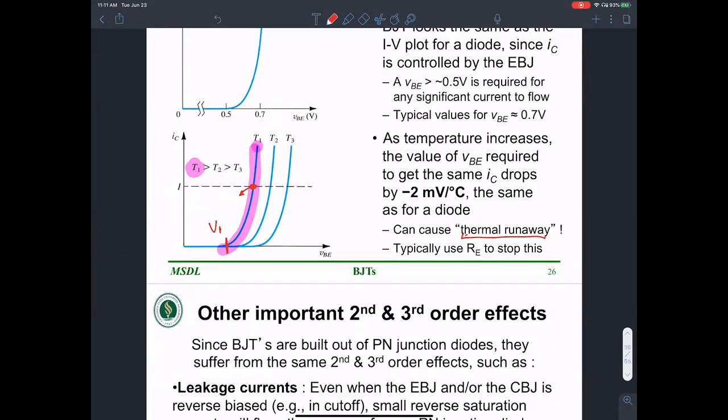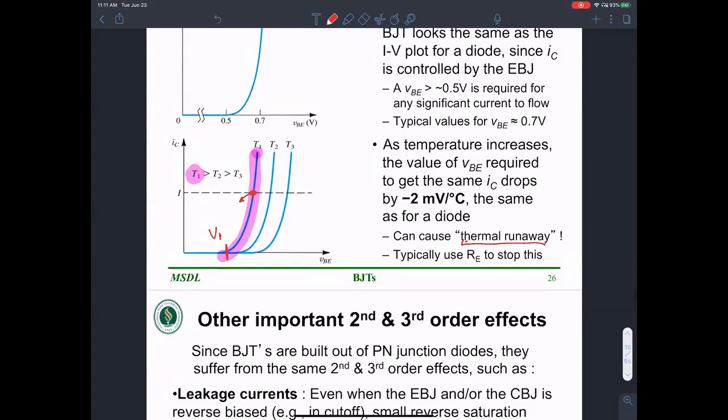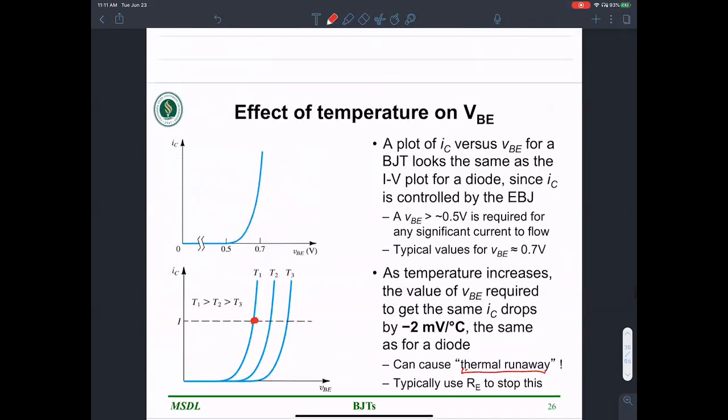Then there is a feedback that leads to your BJT frying. So what we typically like to do is bias the BJT at a constant temperature.